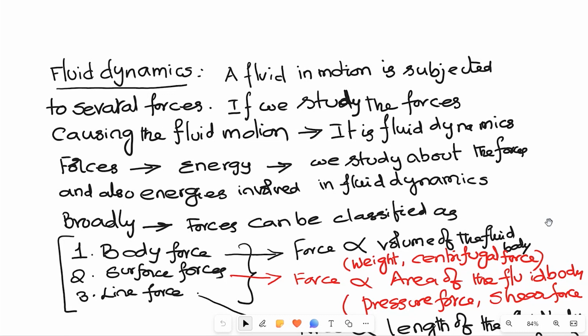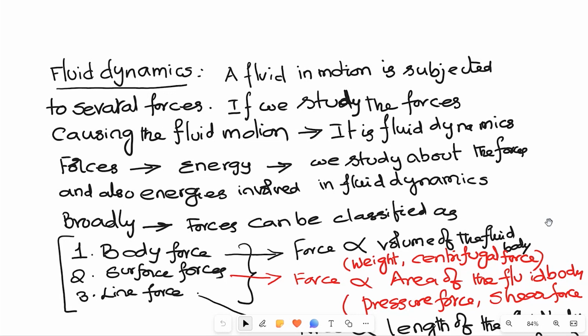The weight is mass into acceleration due to gravity. Wherever the mass is involved, how can we get the mass? Mass is equal to mass density into volume. So wherever mass is involved, the volume is automatically involved. So the forces which are proportional to the volume of the body are called body forces.